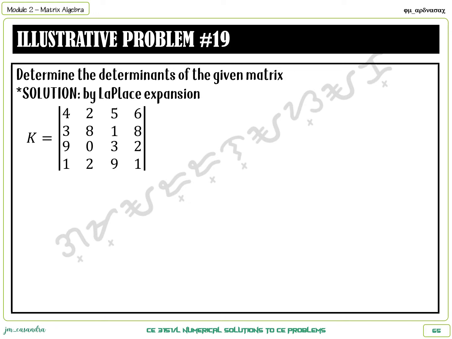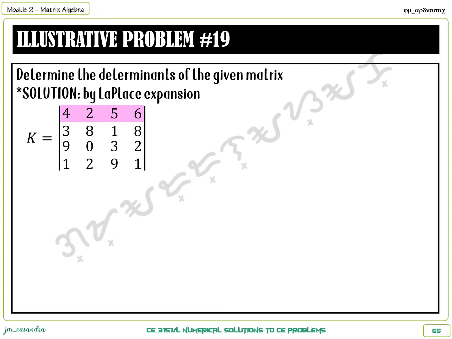So in Laplace expansion, we can choose any element and apply our cofactors and multiply it to the equivalent element in a row or in a column. So what I will do in the solution is to choose the first element along the first row.